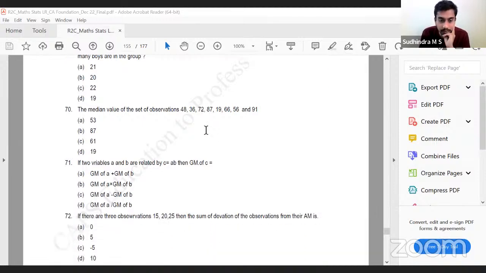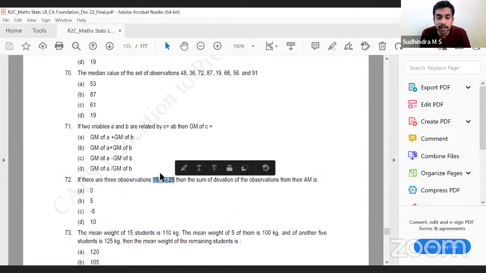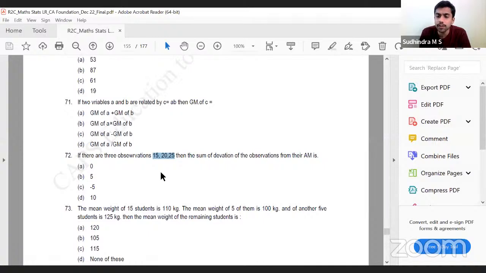Very good. If there are three observations, 15, 20, and 25, sum of deviations of the observation from their arithmetic mean? 0. We need not calculate here. Property, directly 0. Mean weight of 15 students is 110 kgs. Mean weight of 5 of them is 100 kgs, and another 5 is 125 kgs.